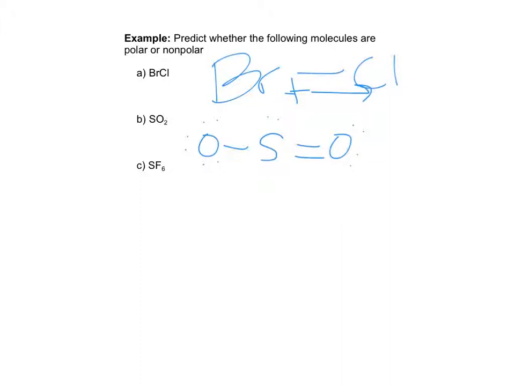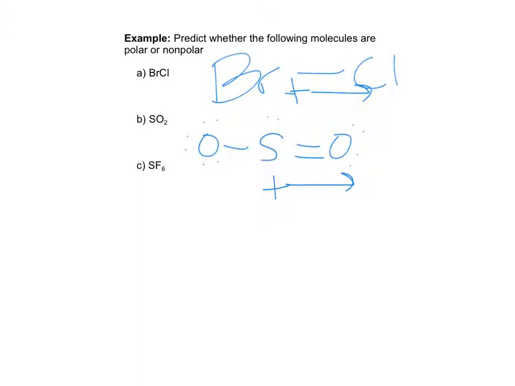But no matter what, these all have the same shape, right? It mostly looks linear, but we have the electrons exerting some force here, so this is actually going to be a bent molecule. And then obviously oxygen being more electronegative means that our dipole moment is going to go from the sulfur towards the oxygen for both of them.